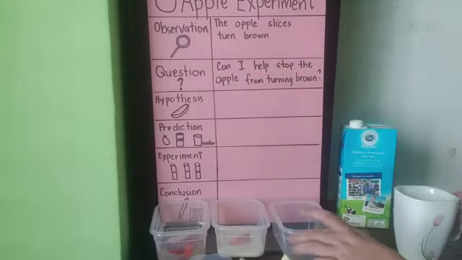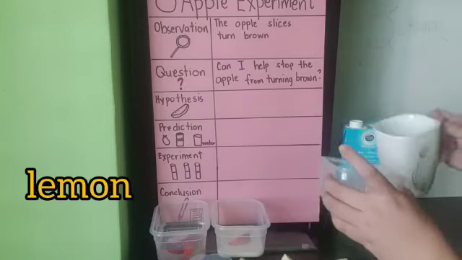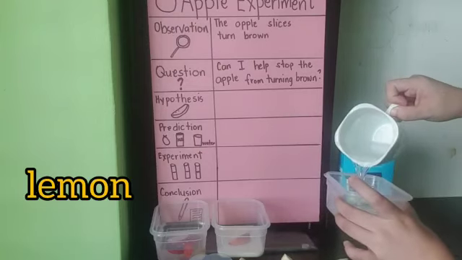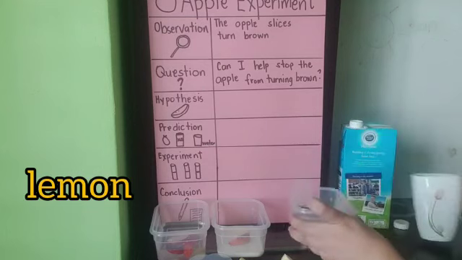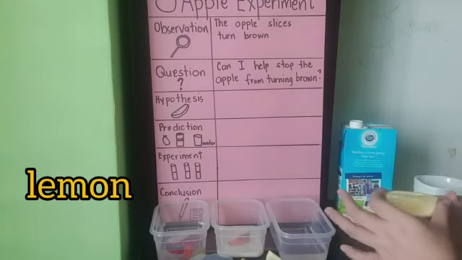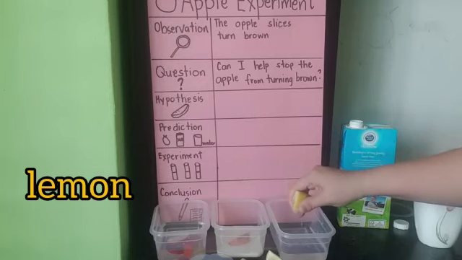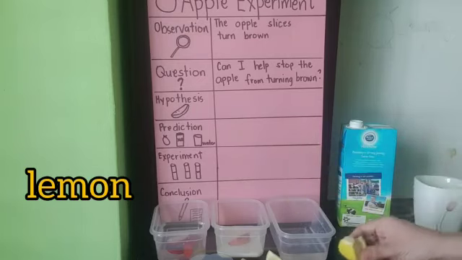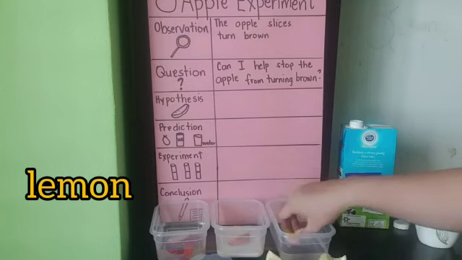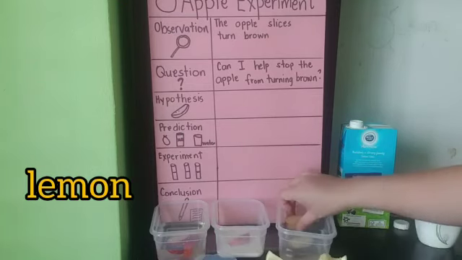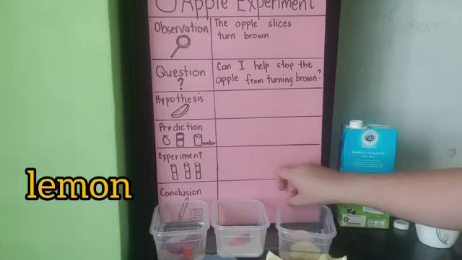And then the last one, it's going to be lemon water. So we're going to put some water over there, and then we are going to squeeze some lemon. Squeeze the lemon. That's right. And then we will put our apples.